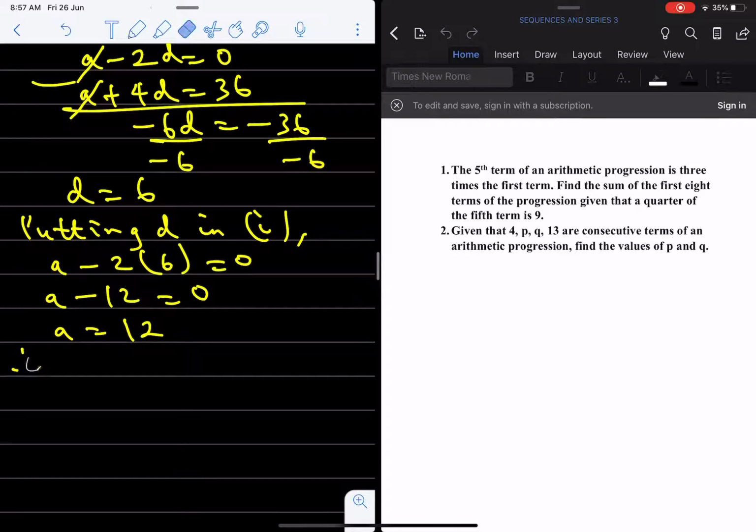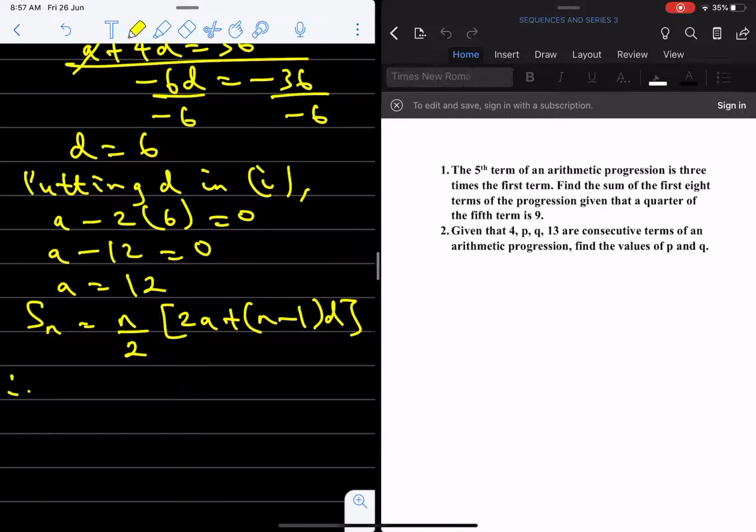Therefore, I know that the sum of n terms is given by n over 2 into (2a plus (n minus 1)d). Therefore, the sum of the first 8 terms of the sequence is going to be 8 over 2 into bracket 2a, which is 2 times 12, plus 7, 8 minus 1 is 7, 7d, which is going to be 7 times 6.